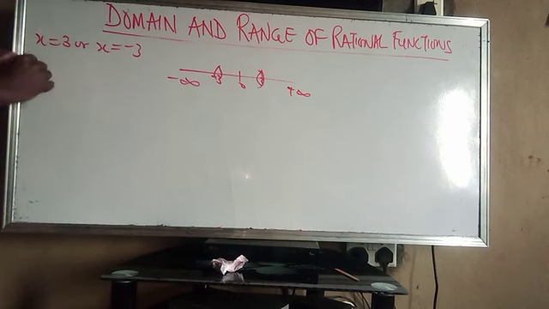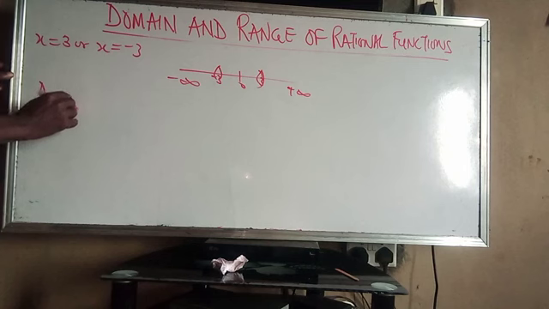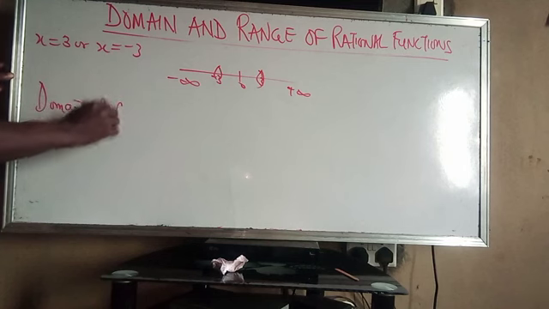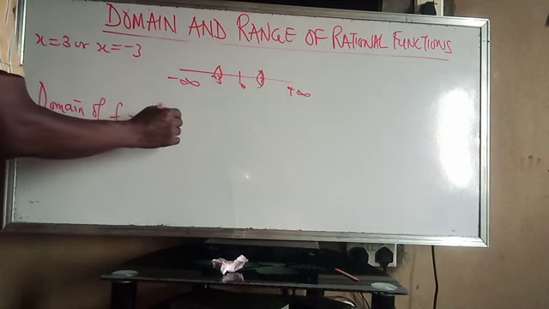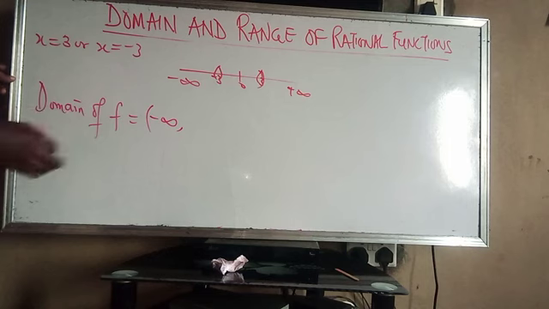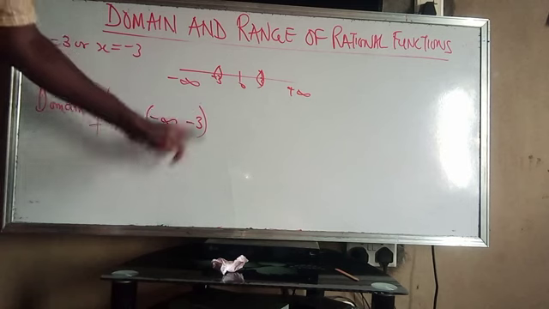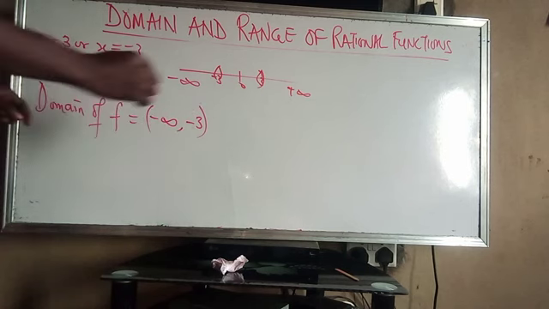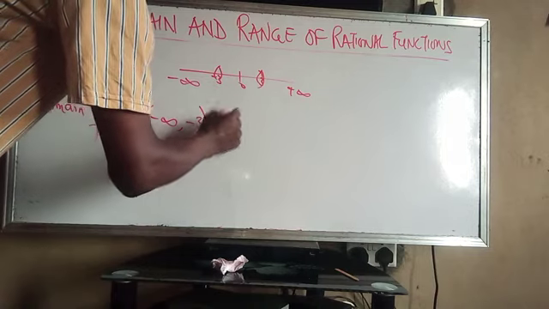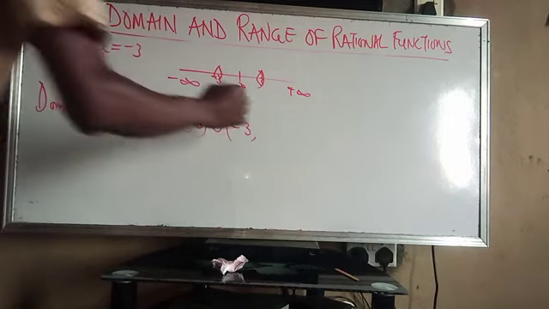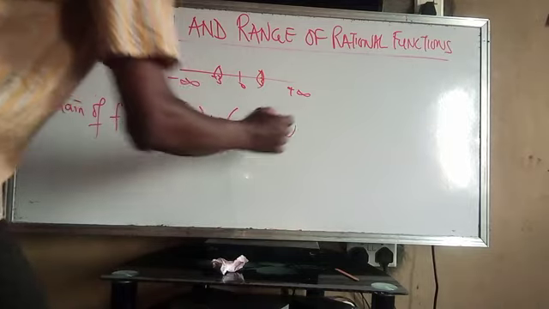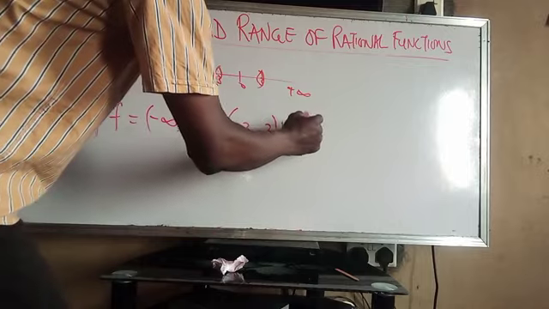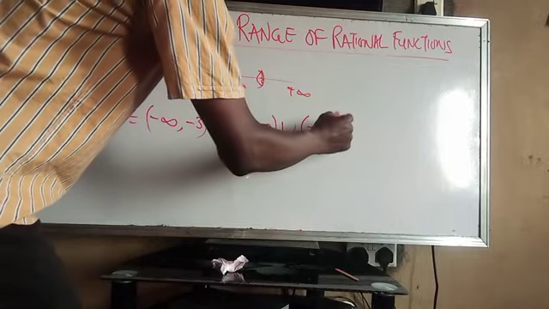So the domain of f of x is equal to minus infinity to minus 3, and I didn't close it with a square bracket, which means minus 3 is not included. Union, moving towards the right, minus 3 to 3, union again, with terminal point 3, then to plus infinity.